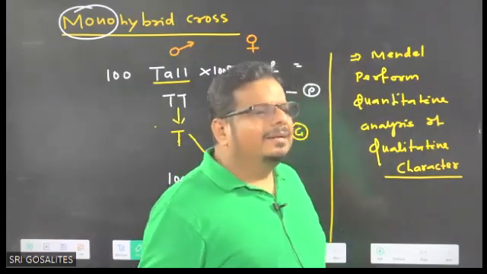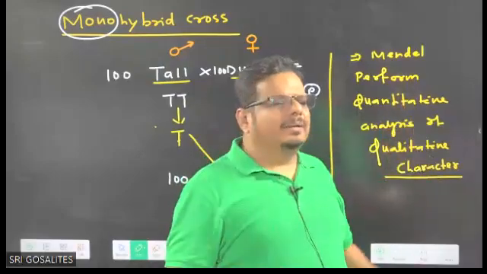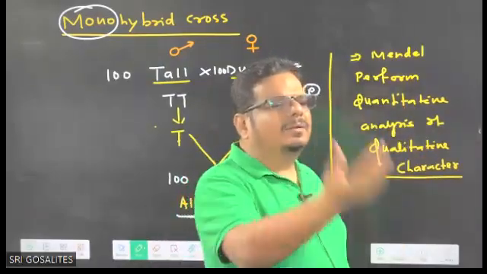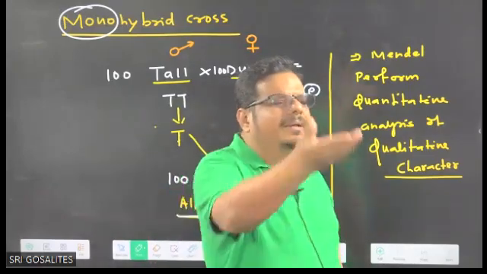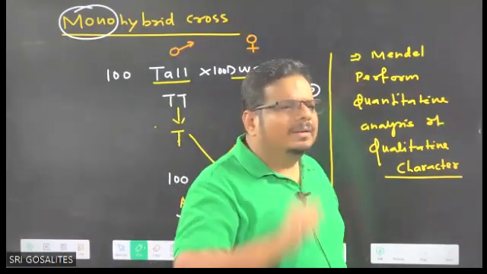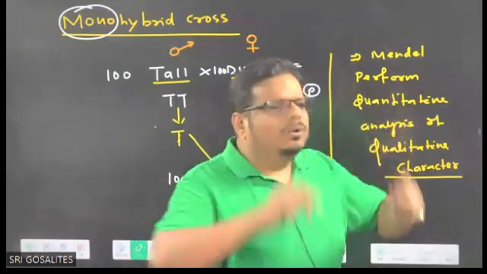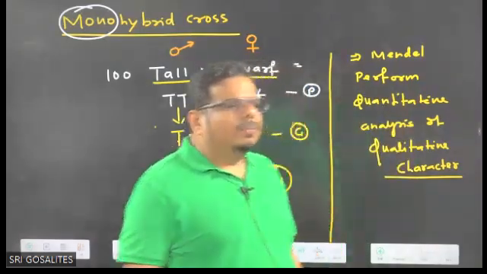Anybody can think like that. Okay, I am making a cross between a tall and a dwarf and I am getting tall. So a possible question may come in mind: next time, which will come? Dwarf will come. But that doubt did not come in the mind of Mendel.